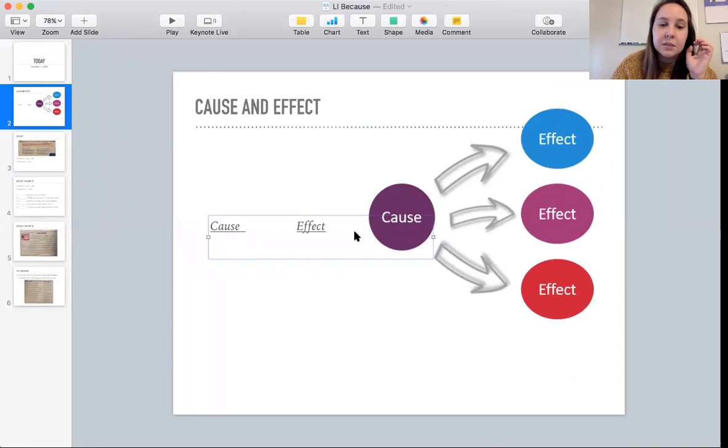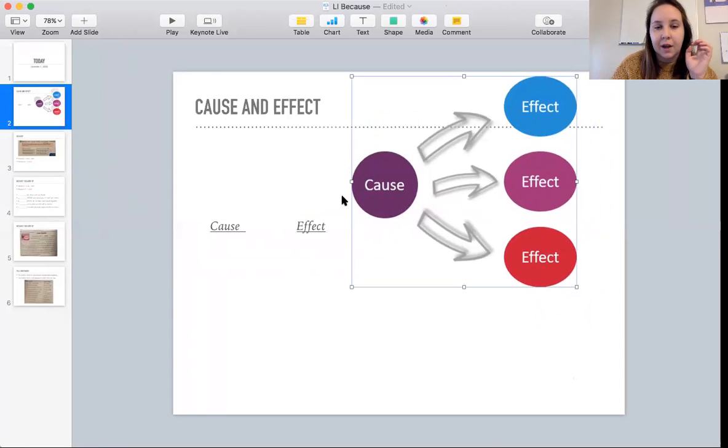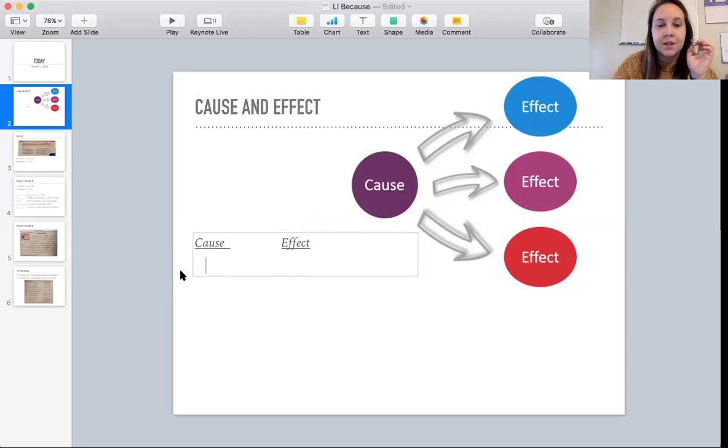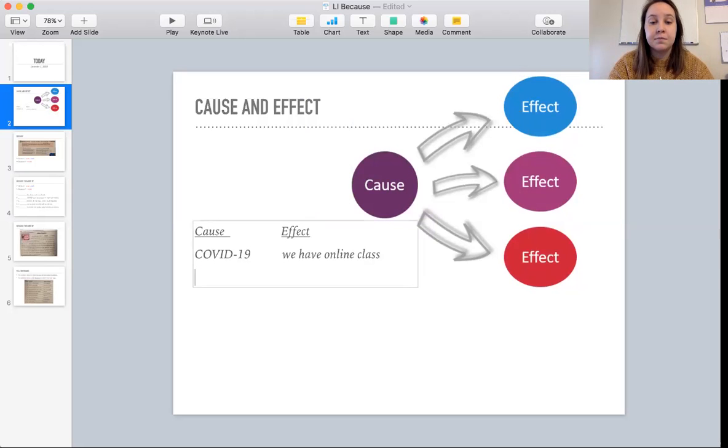If we think about some examples of cause and effect, the virus right now would be a cause. It has made things happen. Some effects of that might be we have online class now.